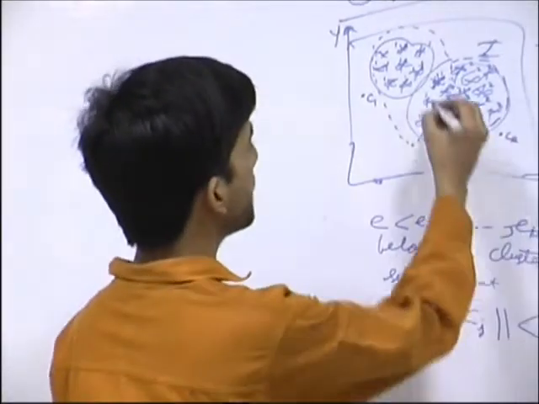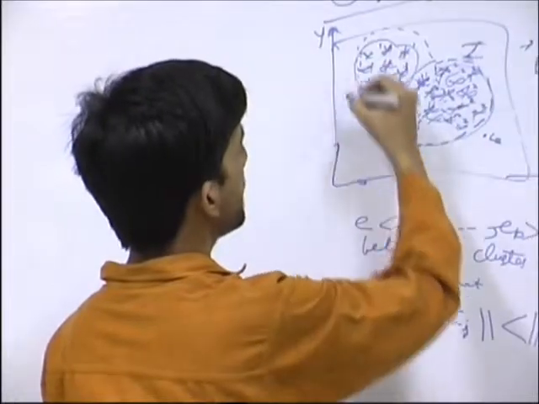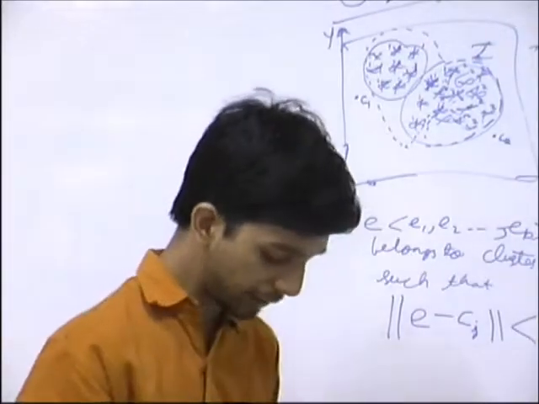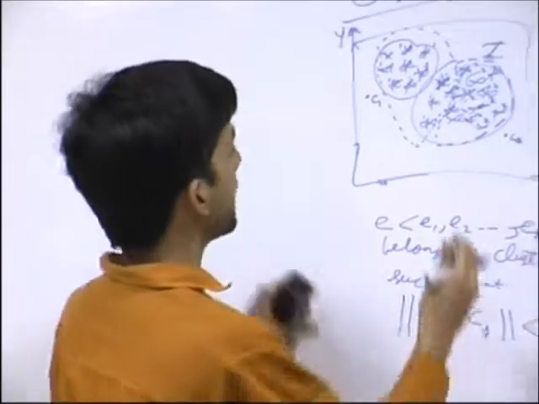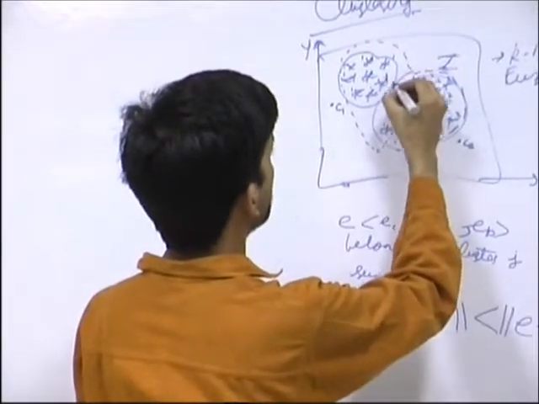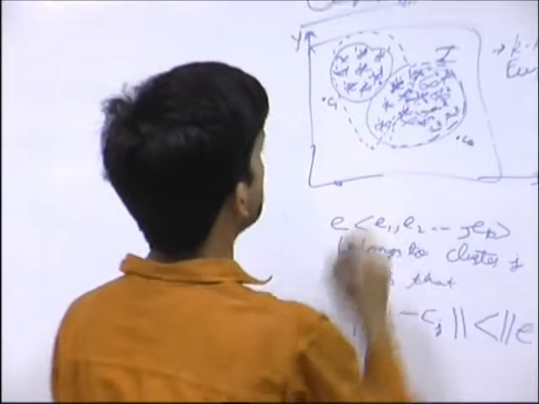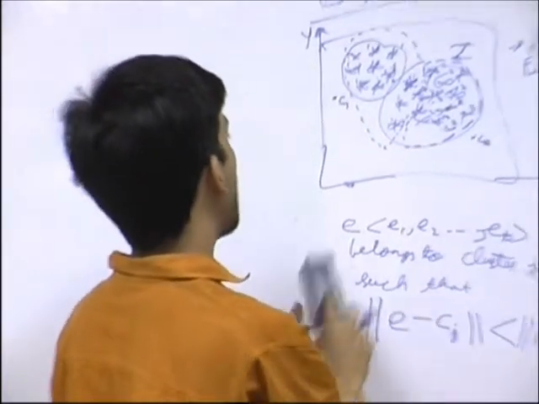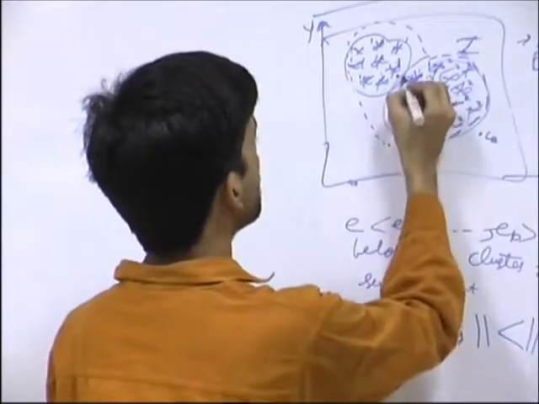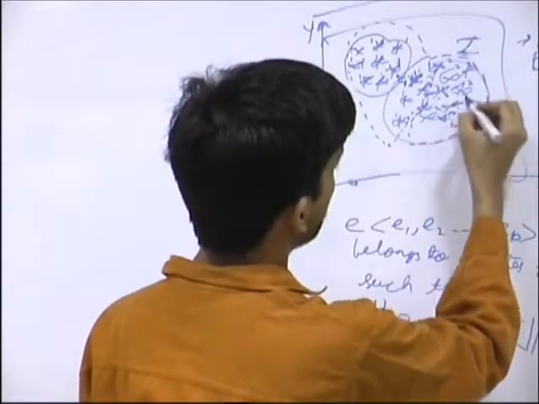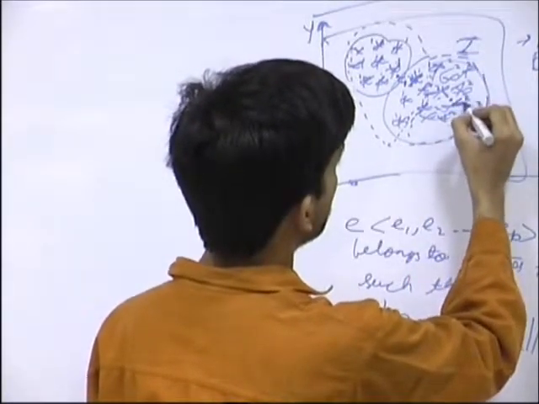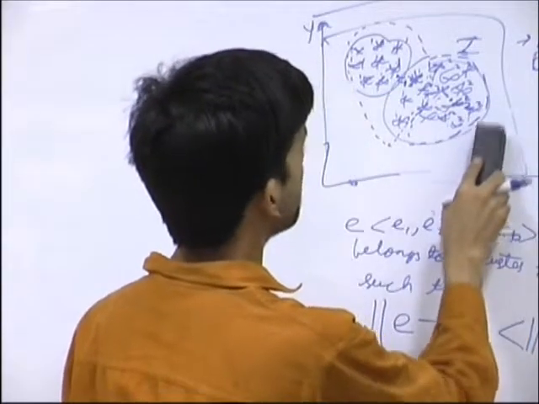I find out the arithmetic mean of all these points. The arithmetic mean of all these points would let's say lie somewhere here. I move C1 from here to here. I find out the center of all these points. Let me say it lies here. I move C2 from here to here.